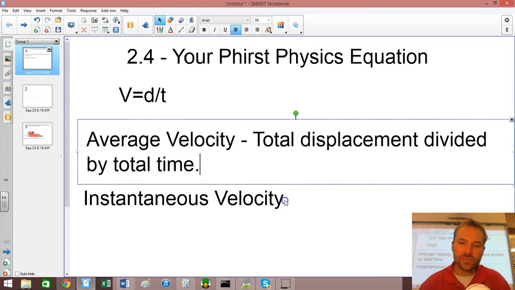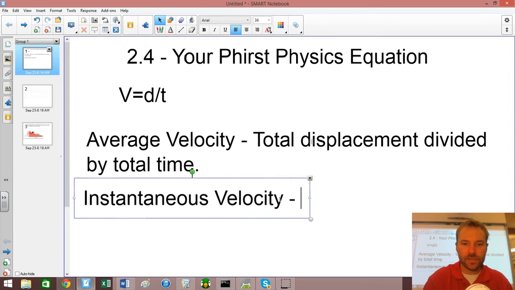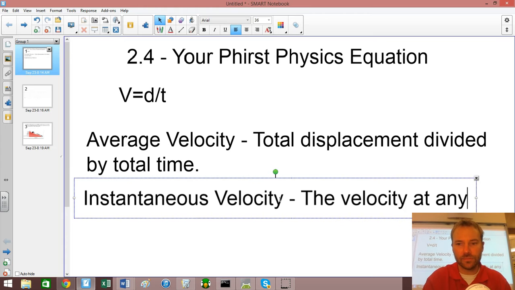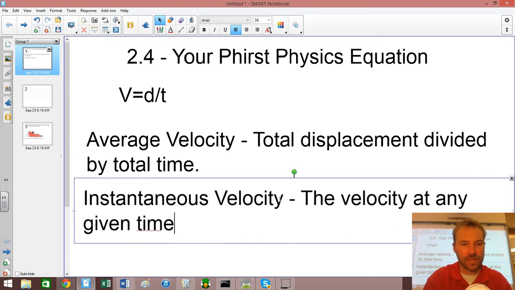The instantaneous velocity is the velocity at any given time instant.